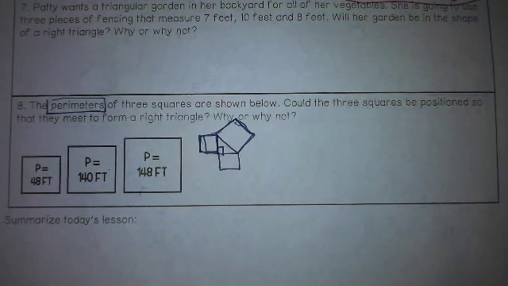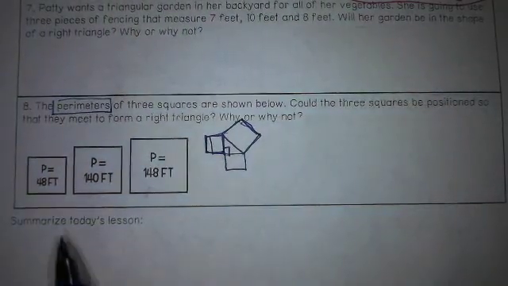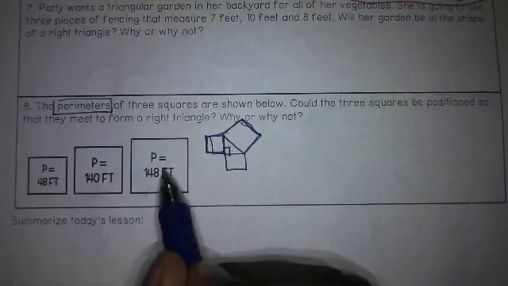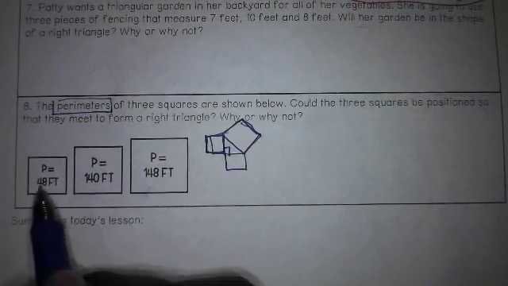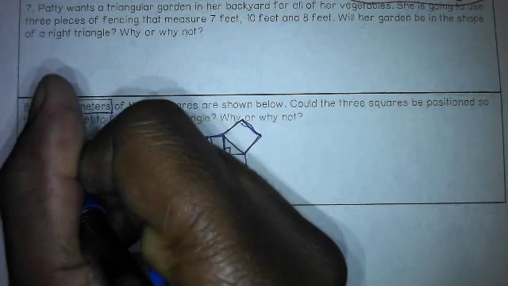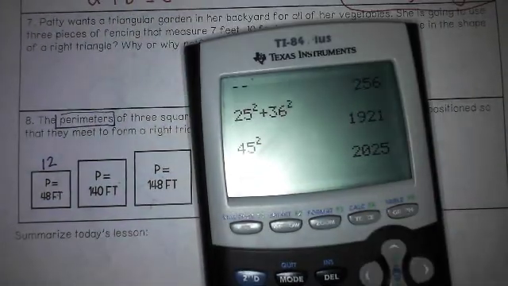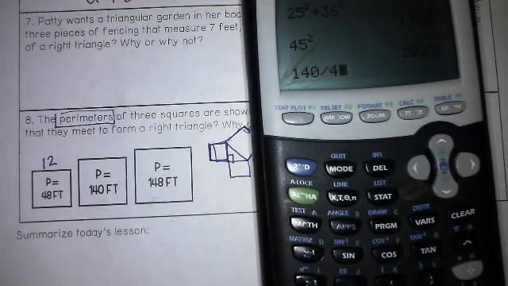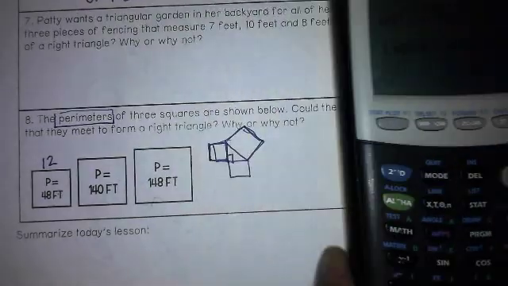So in order to find the perimeters, if they're squares, we always know that squares have the same side. So because they're perimeters, we can divide those numbers by 4 and find what one side equals. 48 divided by 4 is 12, so this should be 12. 140 divided by 4 gives us 35.